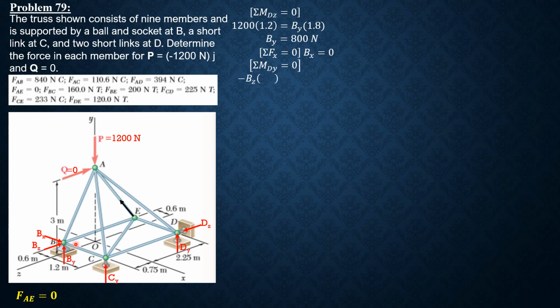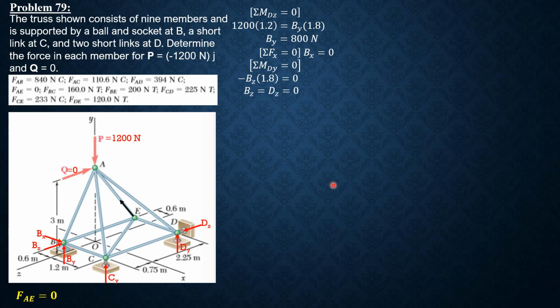So there's no more equation, equals 0. That means Bz is 0. Now, if Bz is 0, summation of forces along Z, Dz is also 0. So that's why Bz equals Dz equals 0.